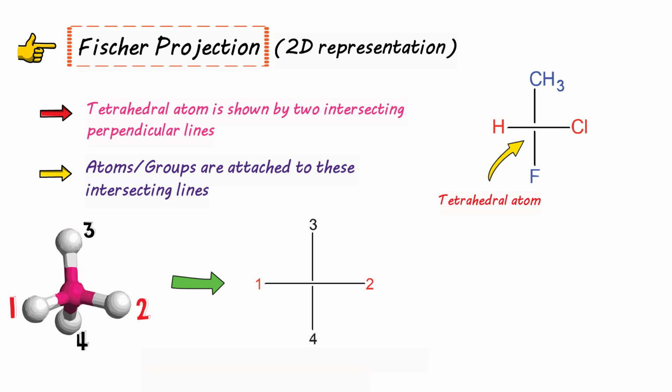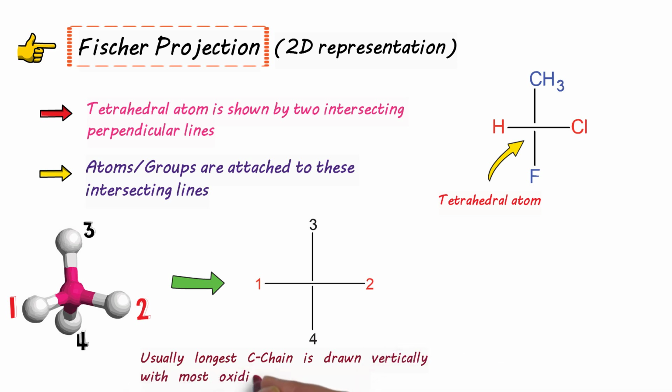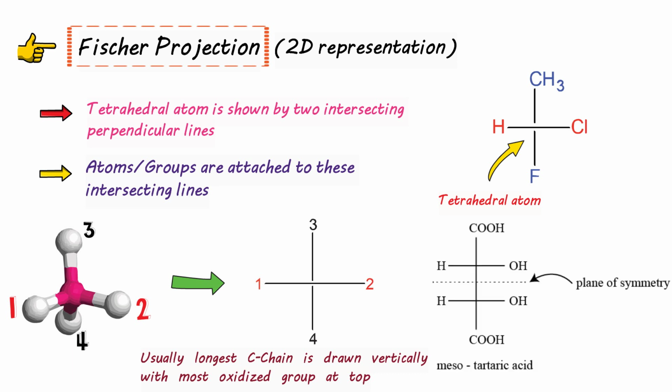And one point you must understand is that the carbon chain is usually drawn vertically with the most oxidized group at the top. For example, talking about meso-tartaric acid, which has a plane of symmetry, this is a Fischer projection representing the molecule, and the carbon chain is shown vertically.